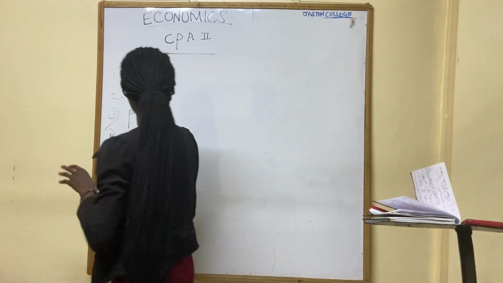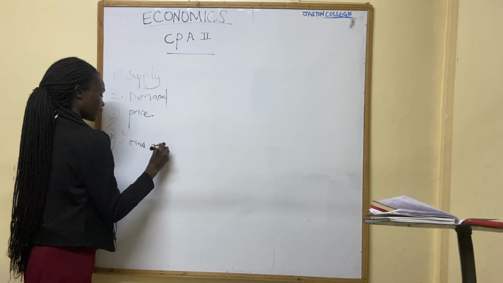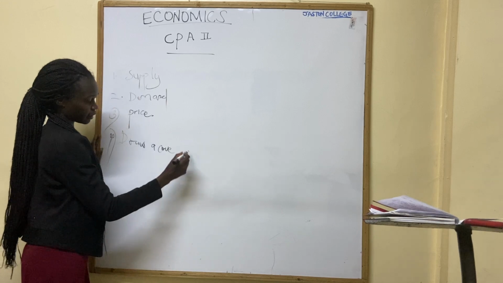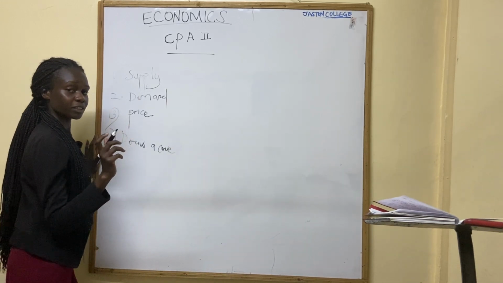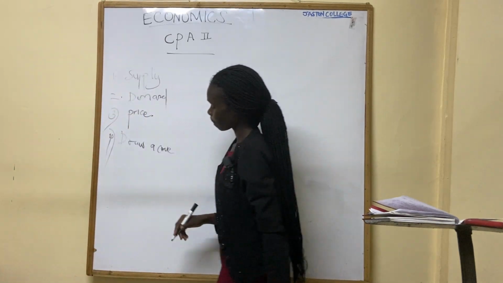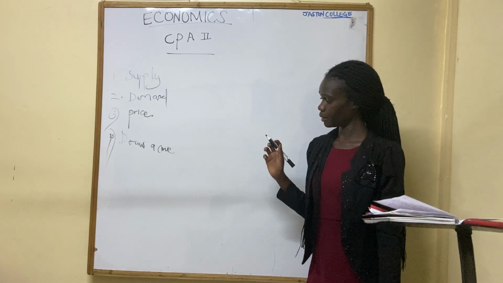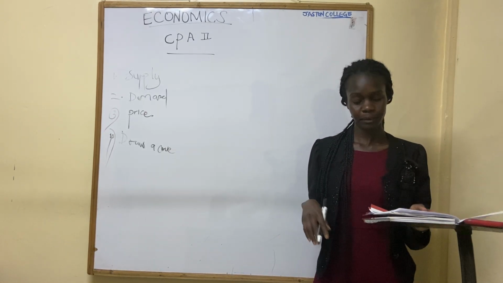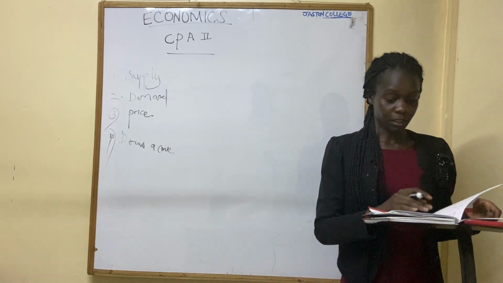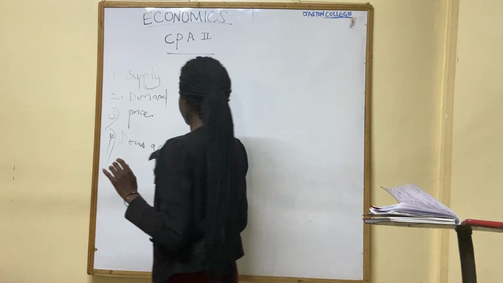You should be able to draw a curve, either the supply curve or the demand curve, the shift in supply, the movement along the supply curve, the movement along the demand curve, the shift in the demand curve, and the factors.